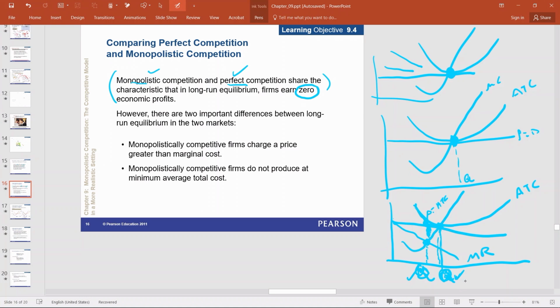But this queue doesn't make productive efficiency, although we achieve this condition at this condition, which means we achieve price equals average total cost, but at lower Q than the Q which is achieved by perfect competitive market.